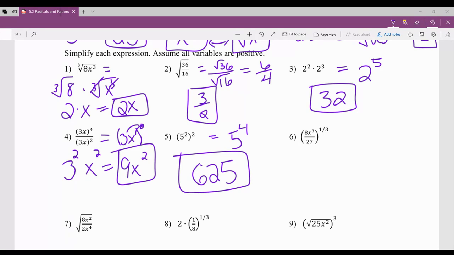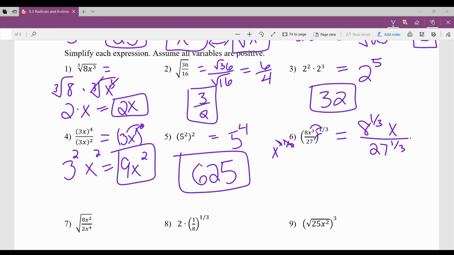All right, next one. We have an exponent, so we're going to distribute it into all things. So 8 to the 1/3 over 27 to the 1/3. And then we have x to the 3rd times 1/3.